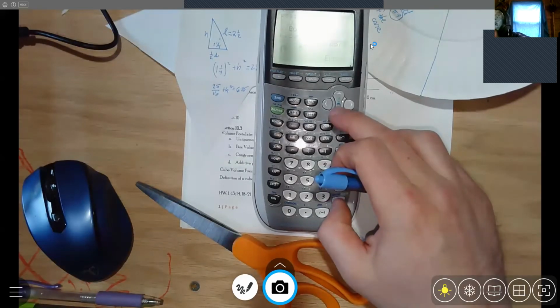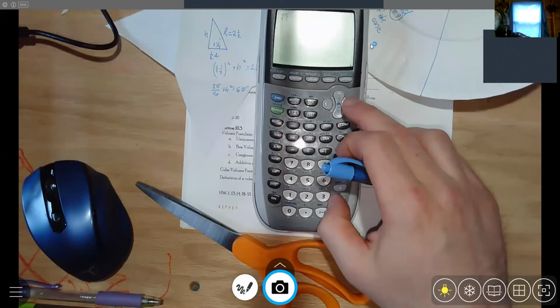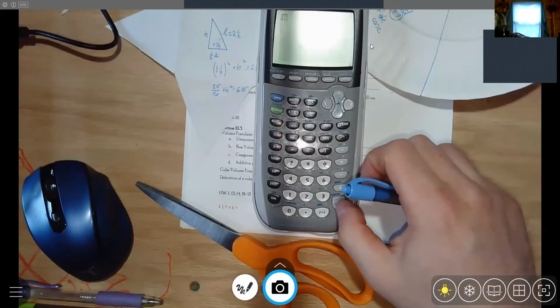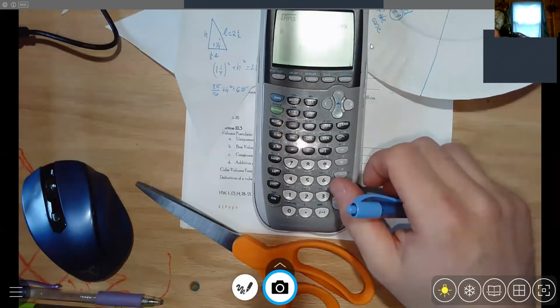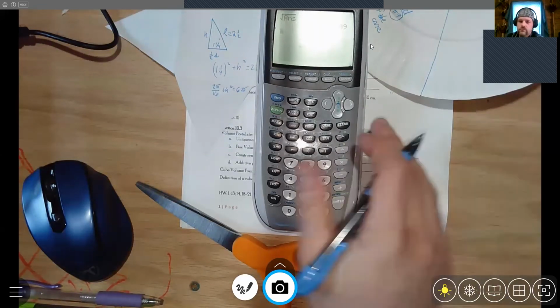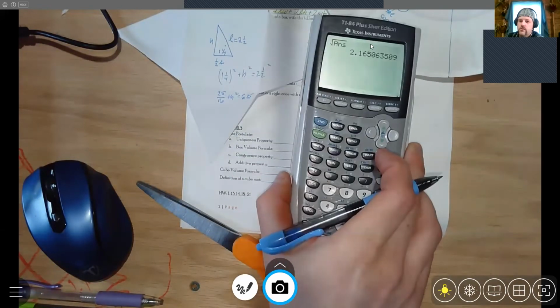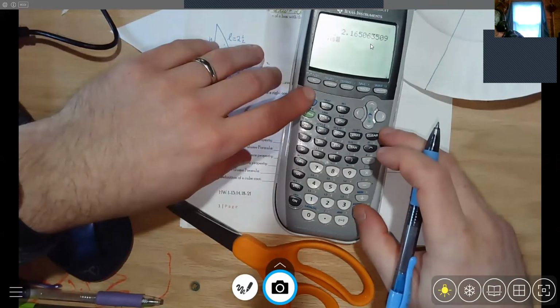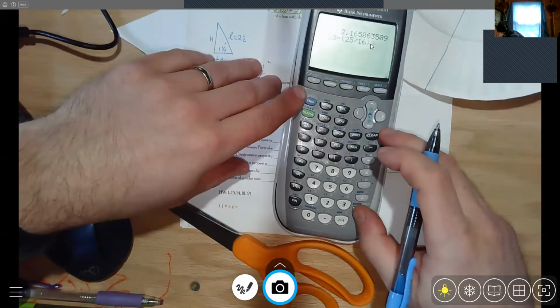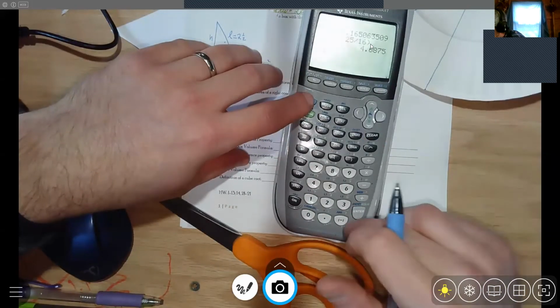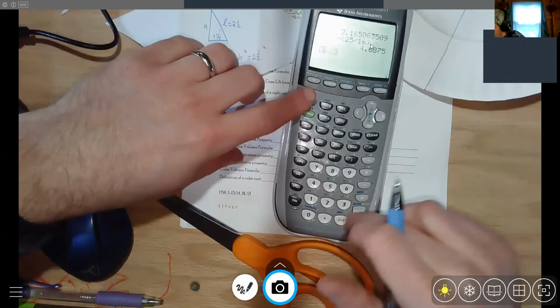Sorry, glare. 2.165. Just want to verify here, since I hit alpha instead of second.